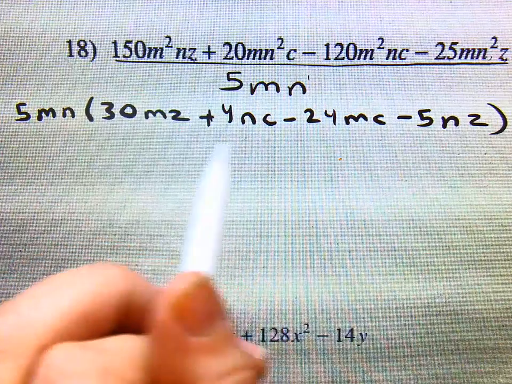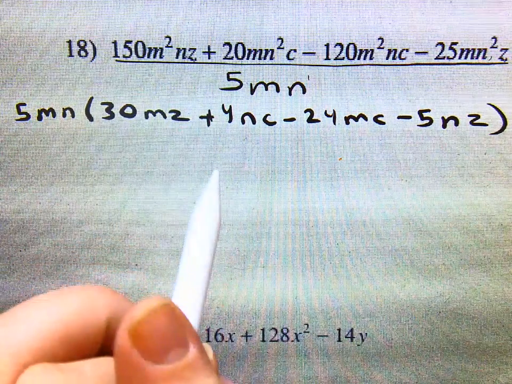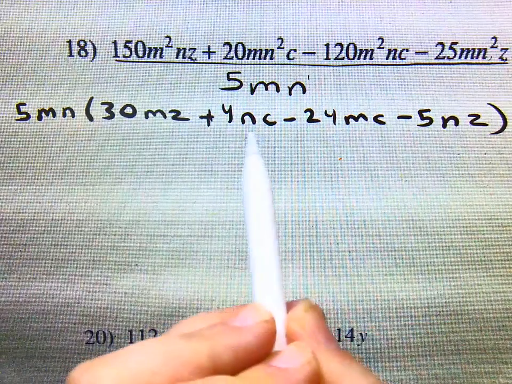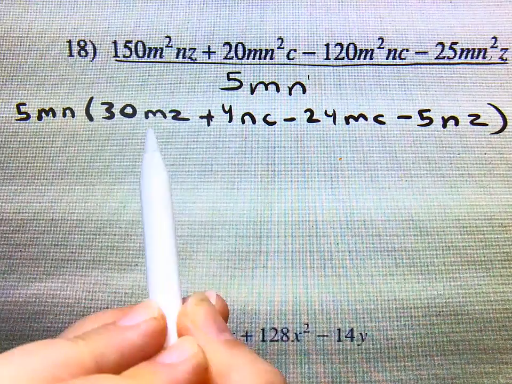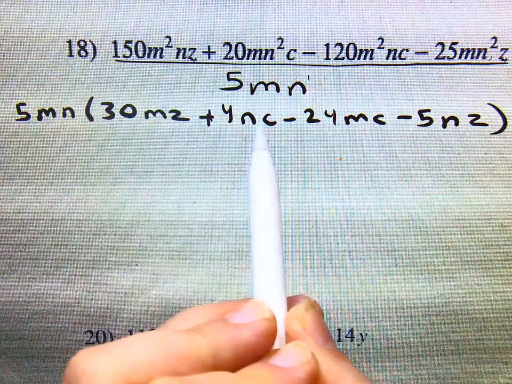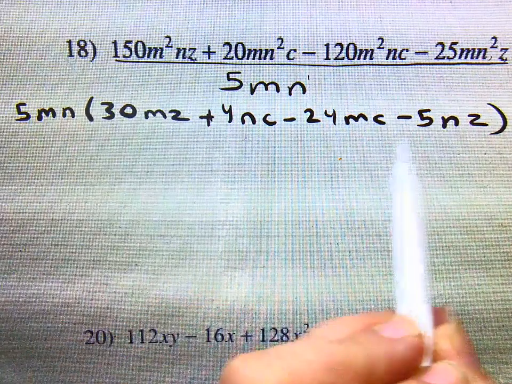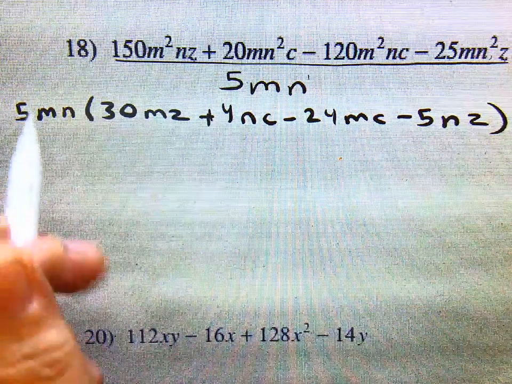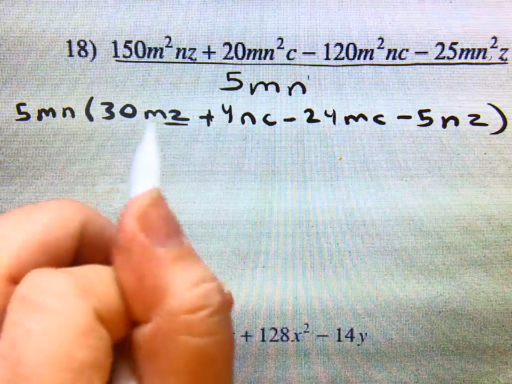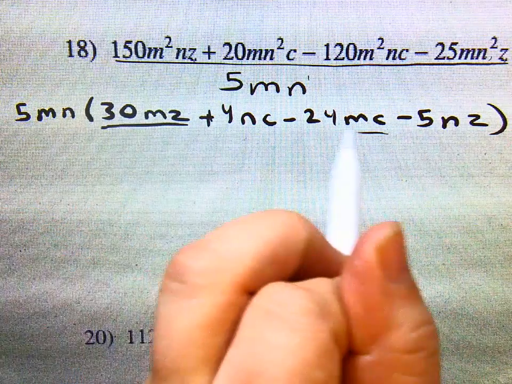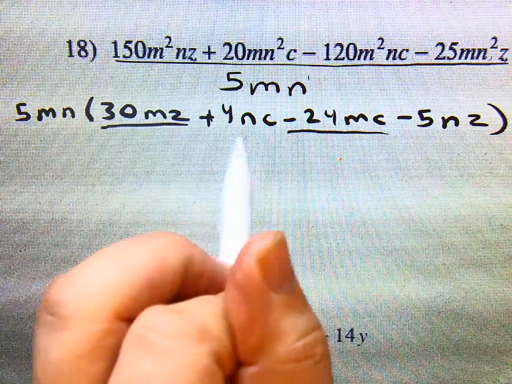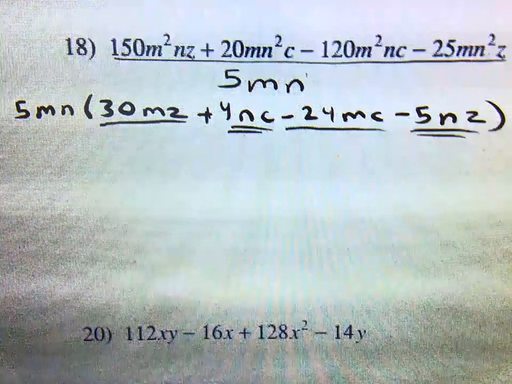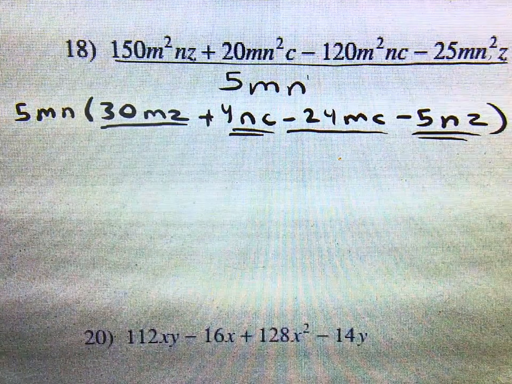So now let's try to do our grouping. Now the only thing that I notice here is that if I just try to group these, I'd have an MZ and an NC, of which no variable is common. But over here, I do. So I'm actually going to need to rearrange these. So this one has an M, and this one has an M. This one has an N, and this one has an N. So this is one way.